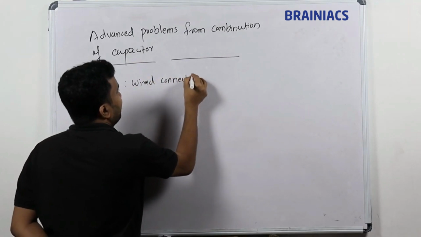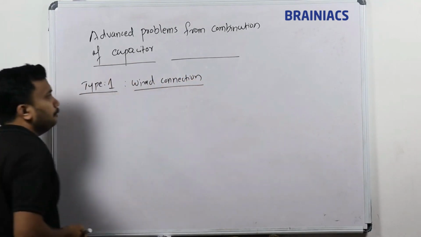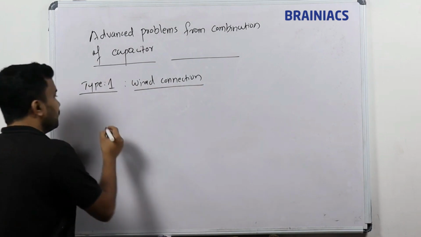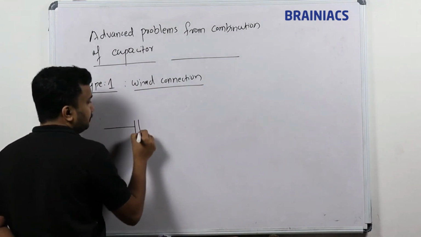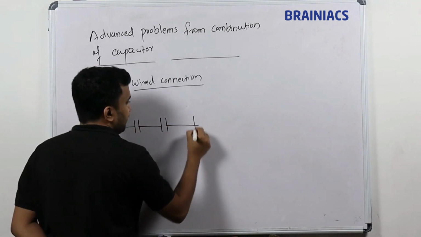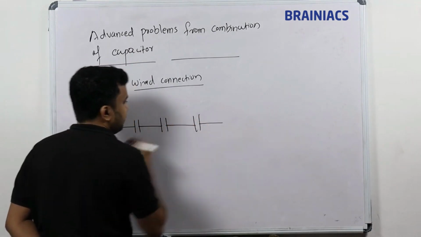Type 1 is wired connection. I will take an example so that it will be easy for you. Sometimes you may see a question like this one: first capacitor, second capacitor and the third capacitor.